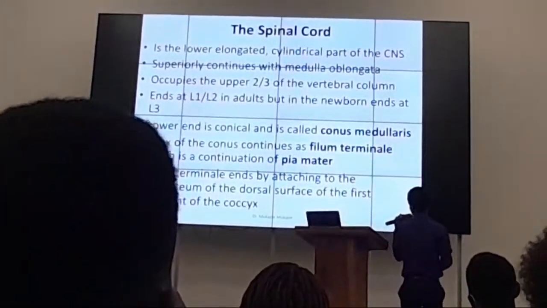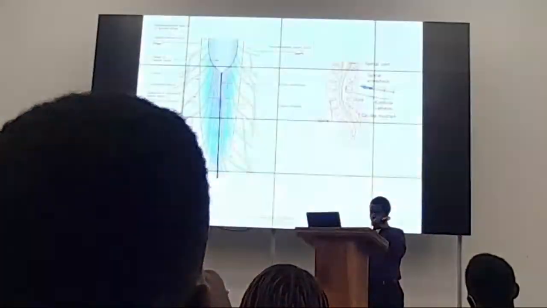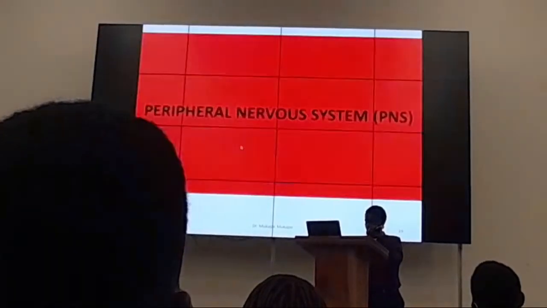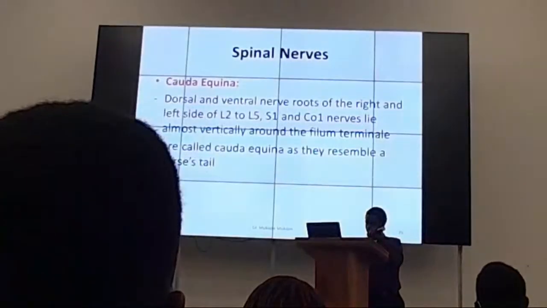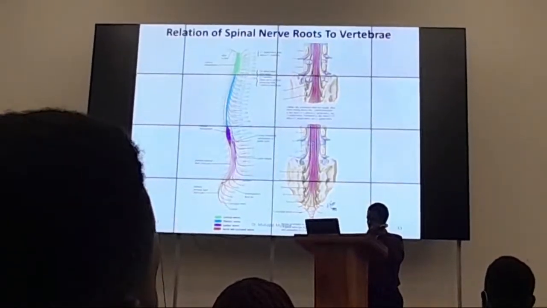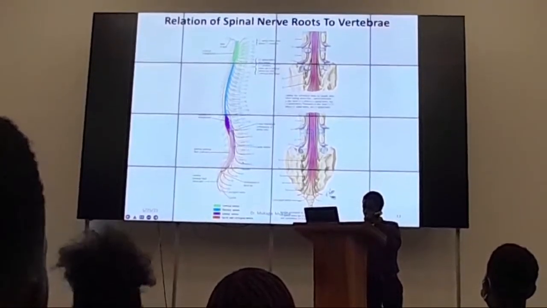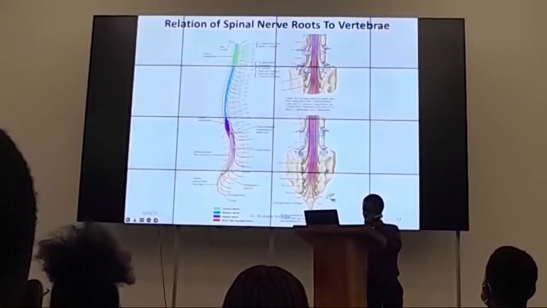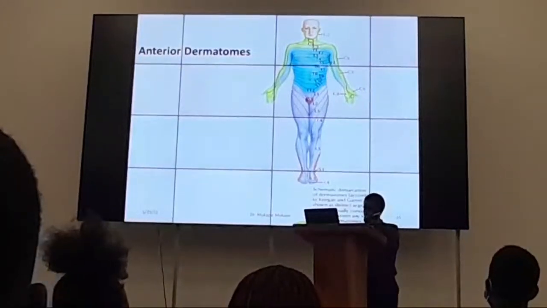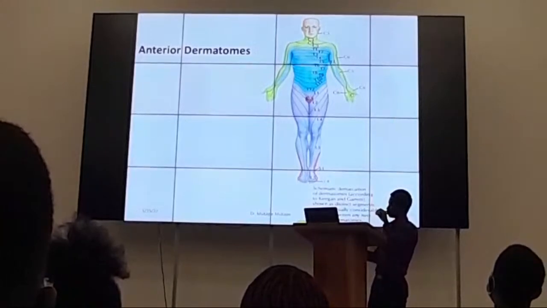So when you look at the spinal nerves, you find that sometimes it might be difficult to understand why we have such an arrangement, what we call dermatomes.